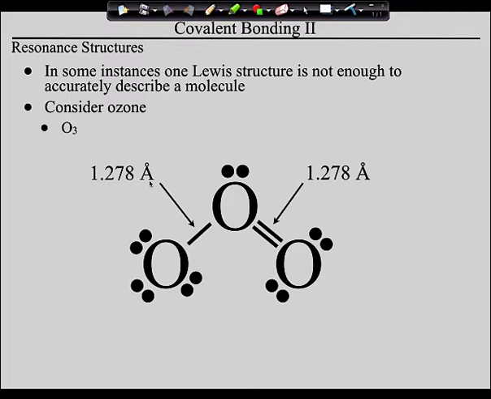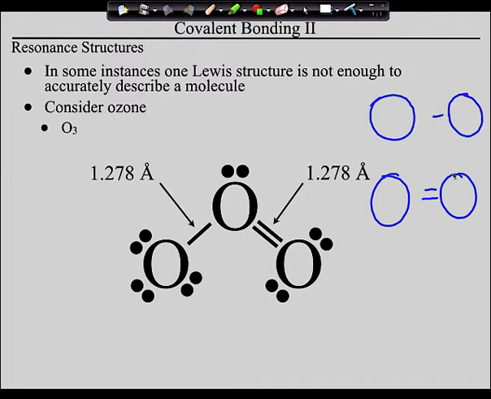Well, if you measure the length of an oxygen-oxygen single bond, and the length of an oxygen-oxygen double bond, here's the interesting thing you find out: the single bond length is greater than 1.278, and the double bond is shorter than 1.278.